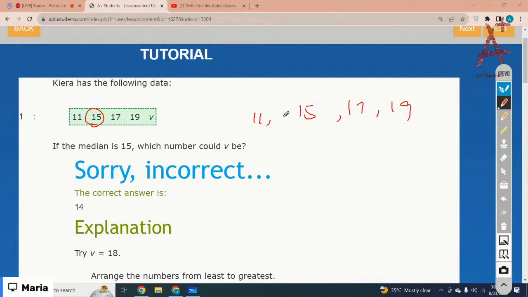That means here you have a number that would be either less than 11 or greater than 11. So V lies in the group of numbers less than 15. It could be any number that is less than 15, for example 14. So it would be 11, 14, 15, 17, and 19.